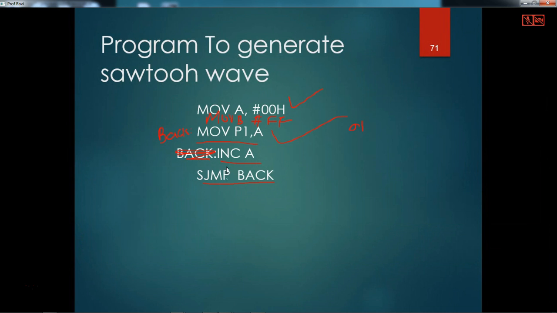Increment A and decrement B, using the command DJNZ, decrement B and if it is not 0, go back. This is back 1.